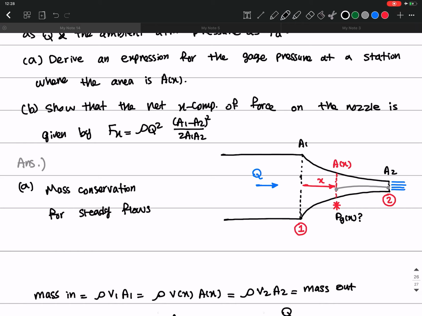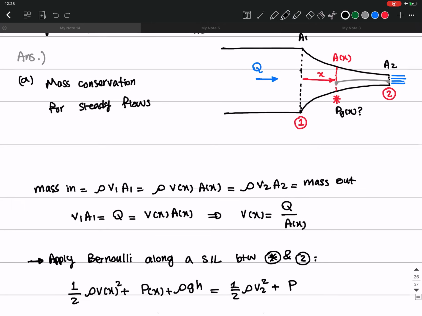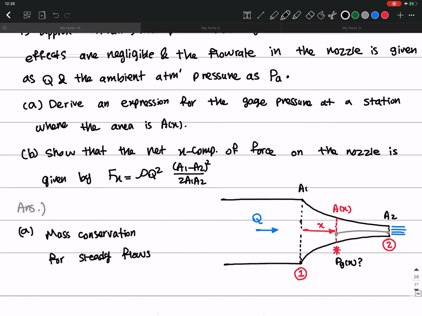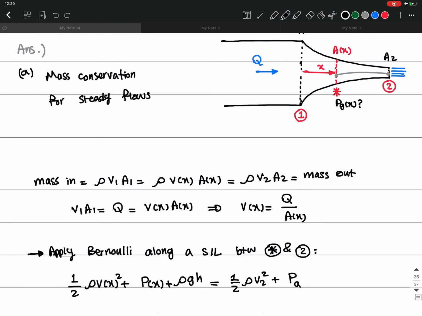So I can just write it as PA, as stated in the problem statement. And then plus rho g h2 again.